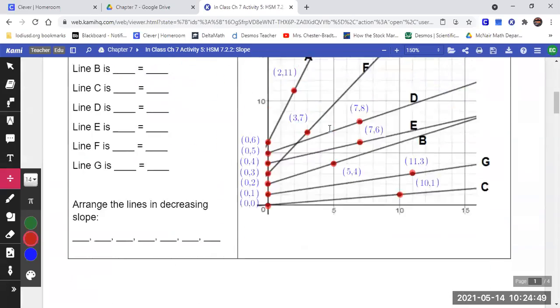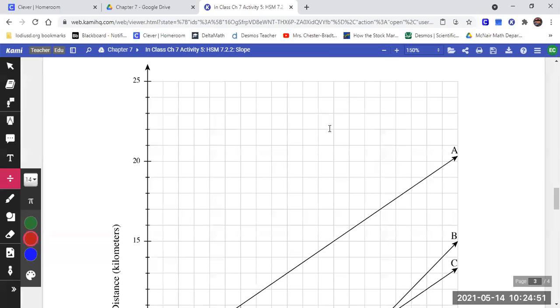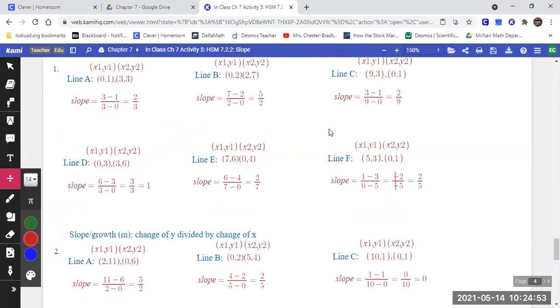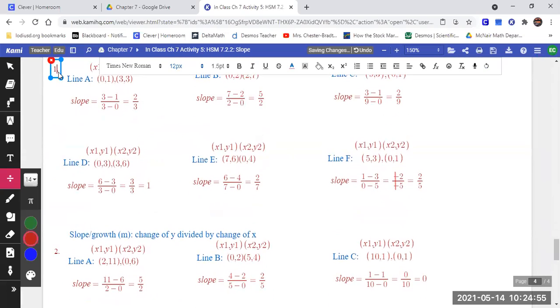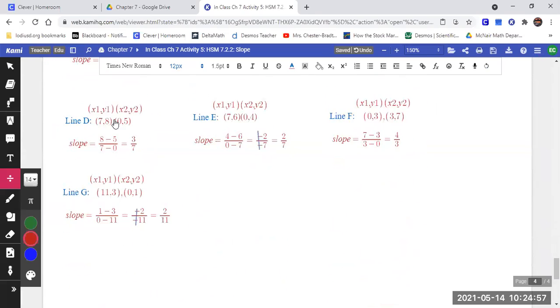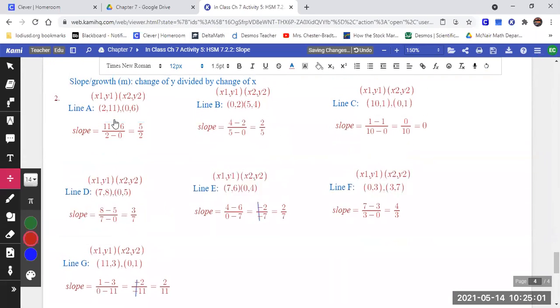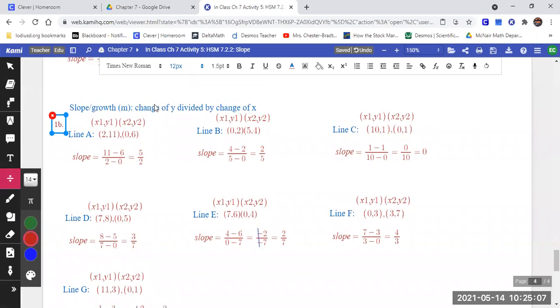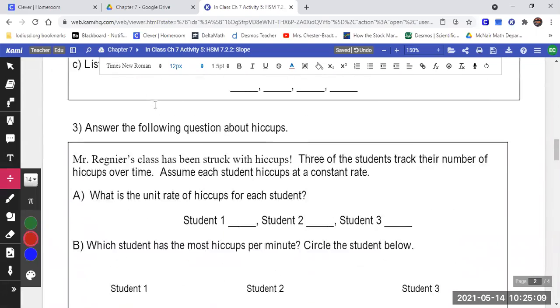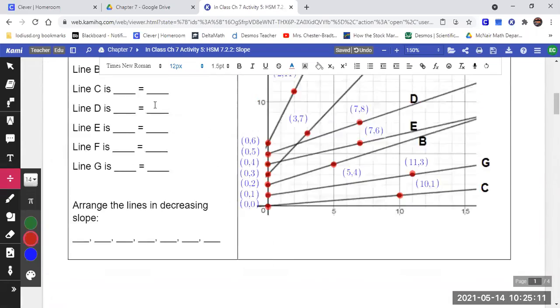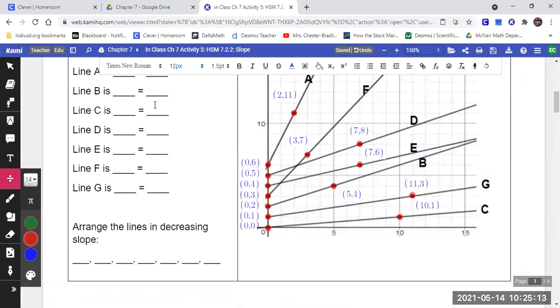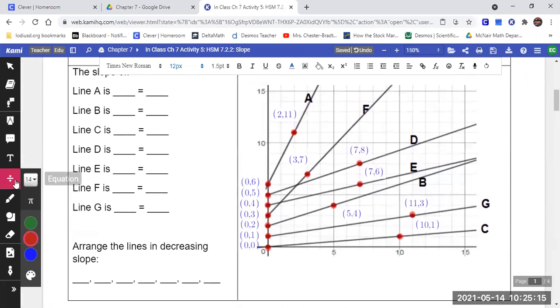Oh, these were both 1s. This is like a 1A and a 1B. Somebody else put the slope of line B. Somebody else put the slope of line C. Keep going. I only have A and B. I need all the way to G.